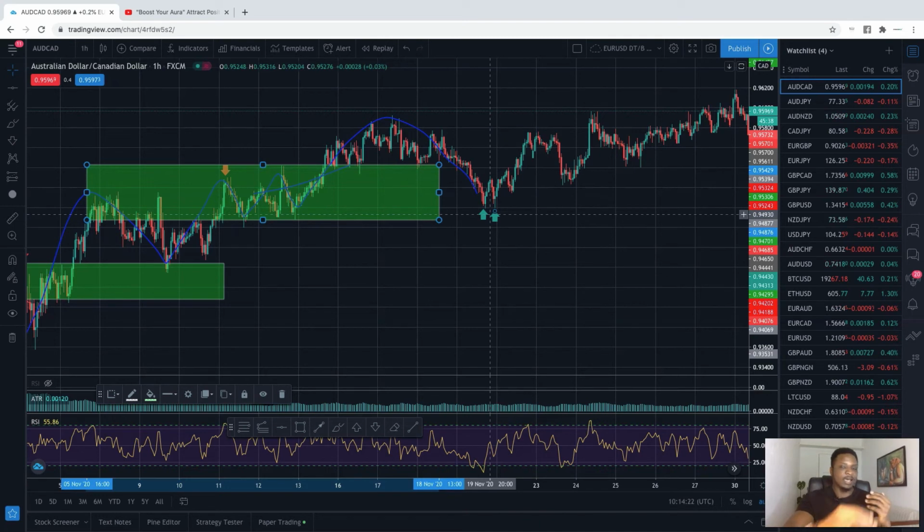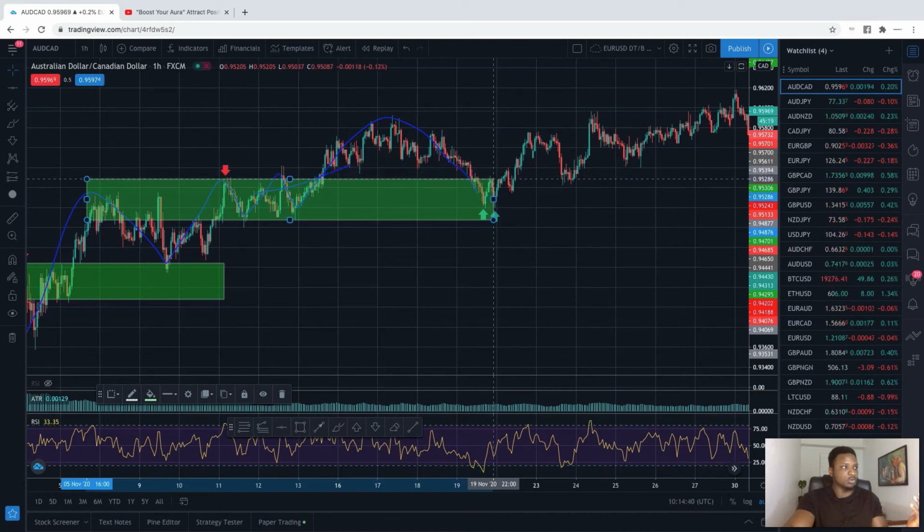And secondly, I have a higher risk to reward, as opposed to the first one where I could only make like 1 pip to 10. I'm risking 10 pips to make 1. In this case, because we have a huge zone, but we didn't really get an entry reason until we got all the way down here.